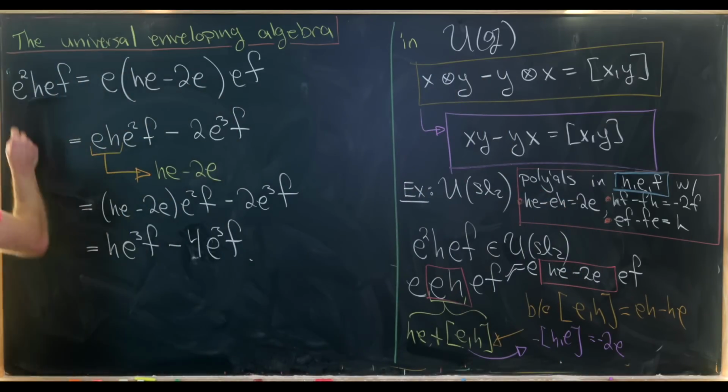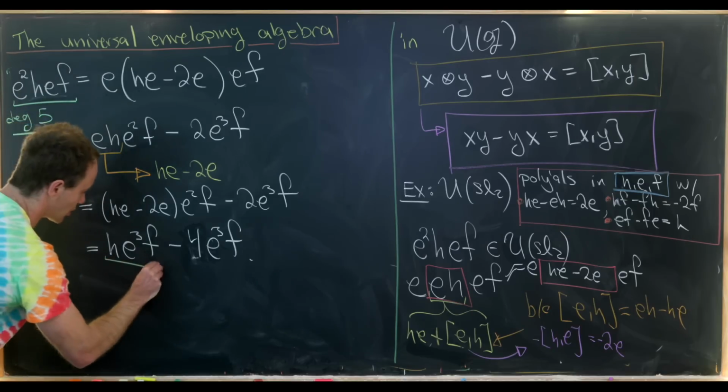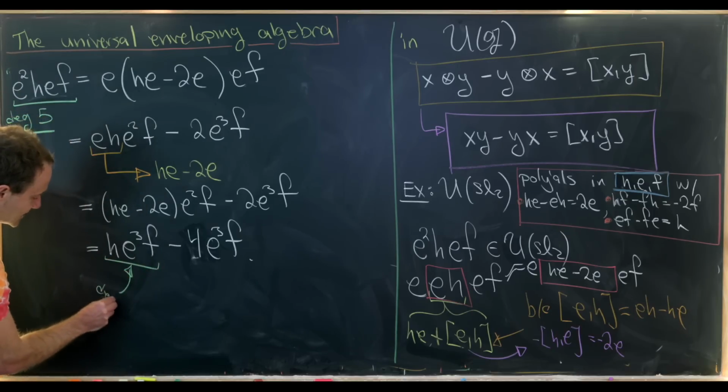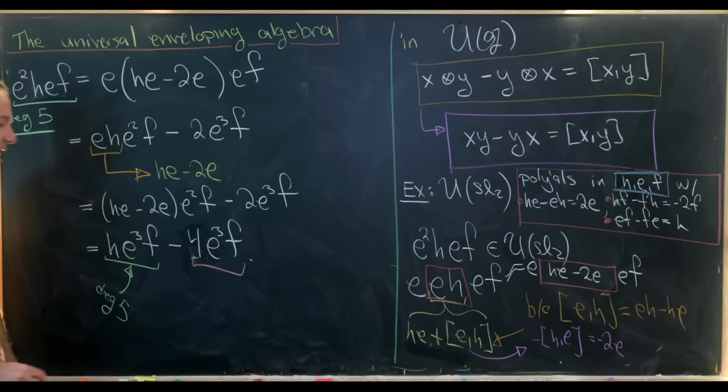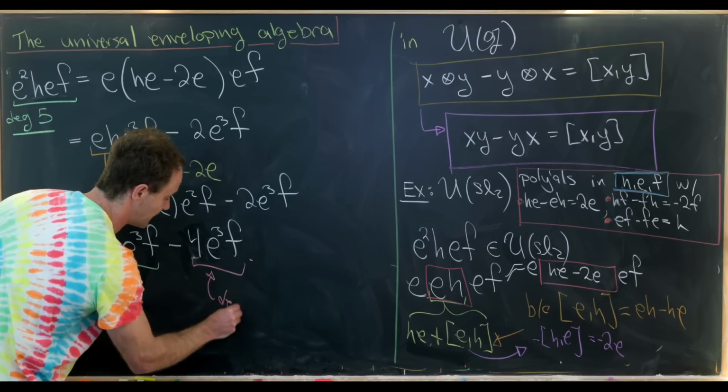So notice that this object over here has something of a degree of 2 plus 1 plus 1 plus 1. In other words, its degree is 5. Now this term that we're ending up with on the left is also degree 5, whereas this term on the right had a little bit of simplification and is degree 4.